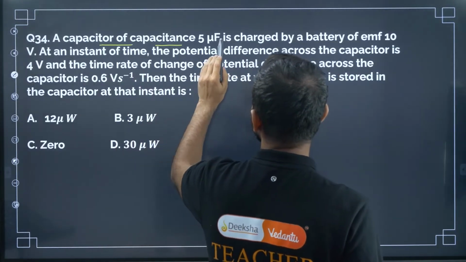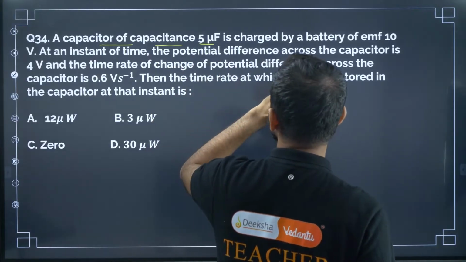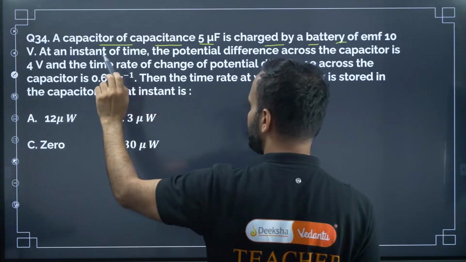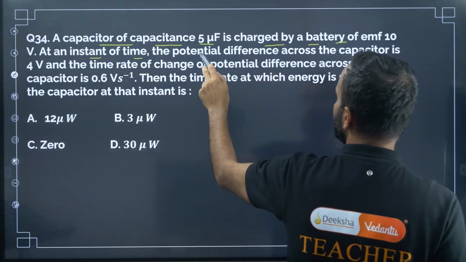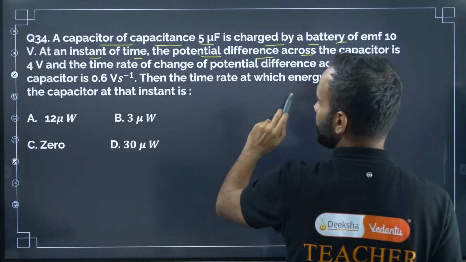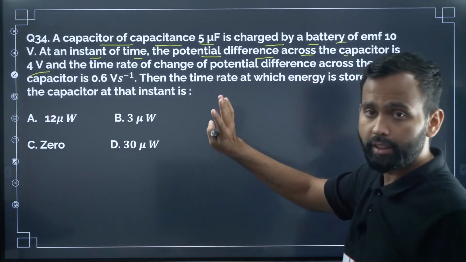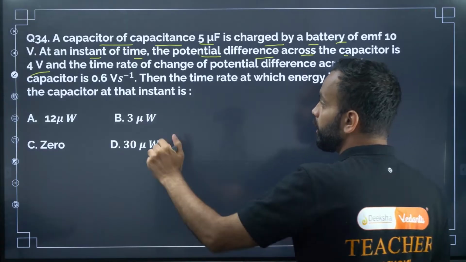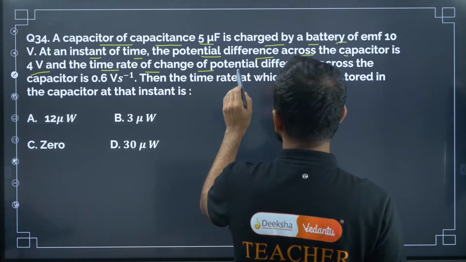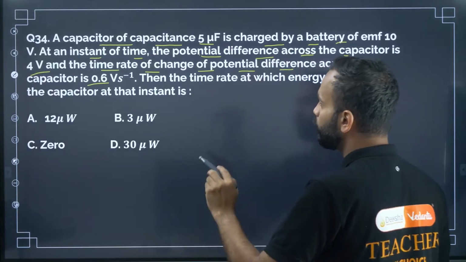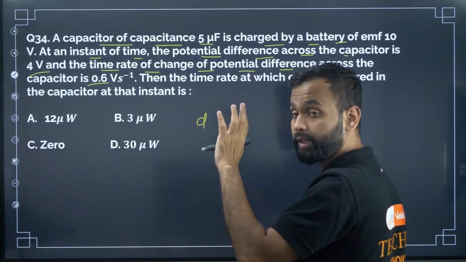A capacitor of capacitance 5 microfarad is charged by a battery of EMF 10 volt. At an instant of time, the potential difference across the capacitor is 4 volt. Okay, remember, the time rate of change of potential difference across the capacitor is 0.6 volt per second.